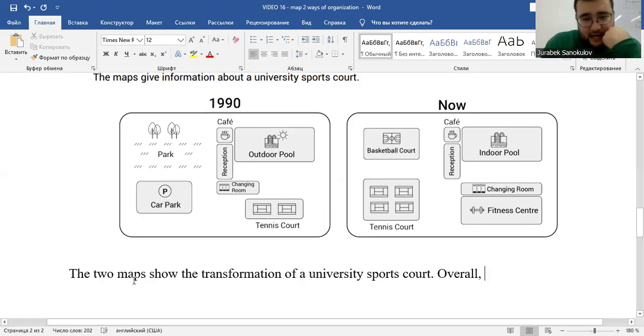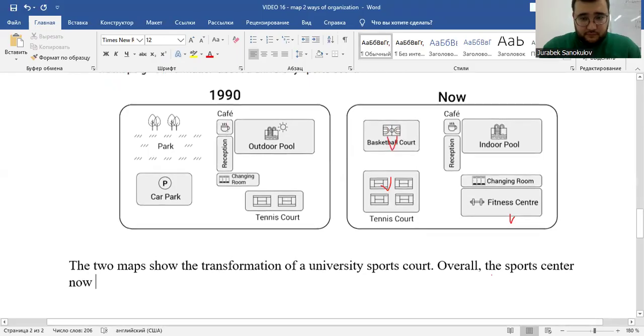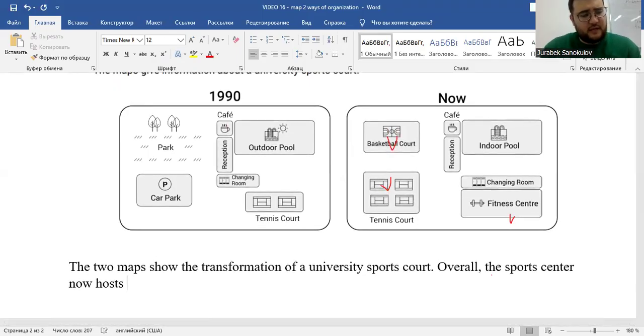Overall, let's see what happened. Of course, new sporting facilities have been introduced, like a fitness center, tennis courts, and a basketball court. So I can say this: overall, the sports center now hosts more sporting facilities for students.